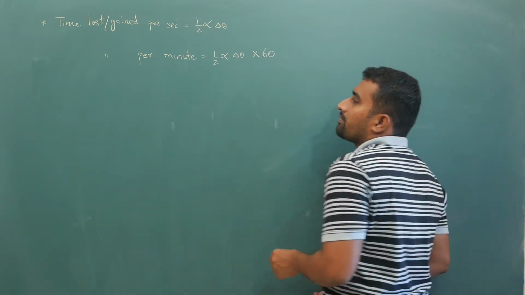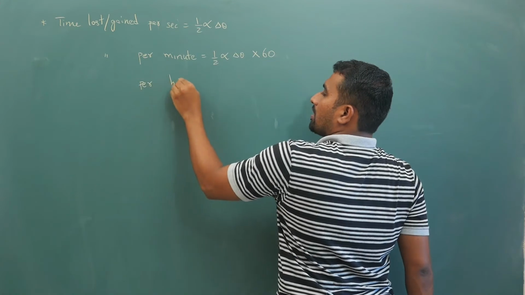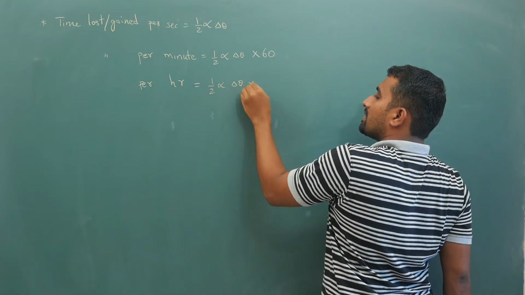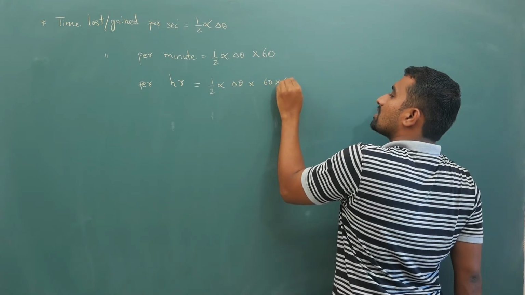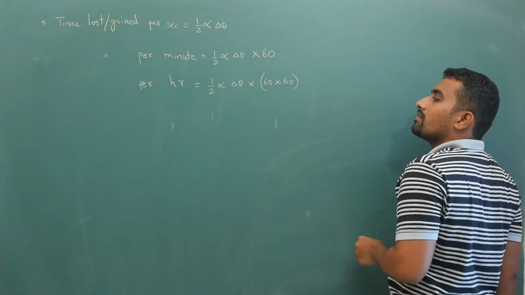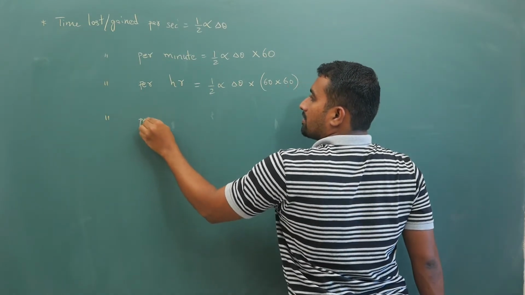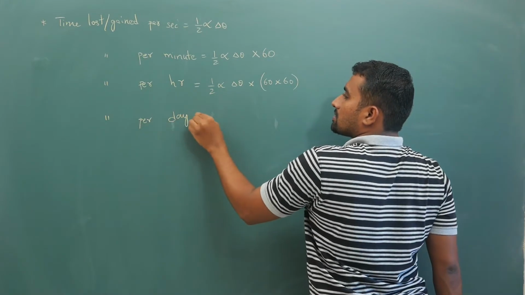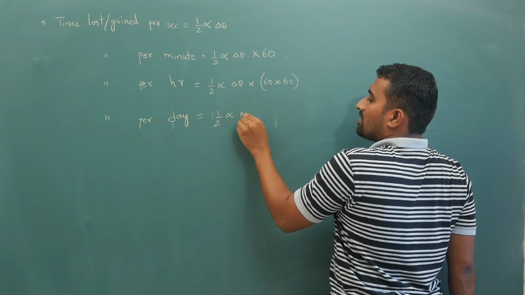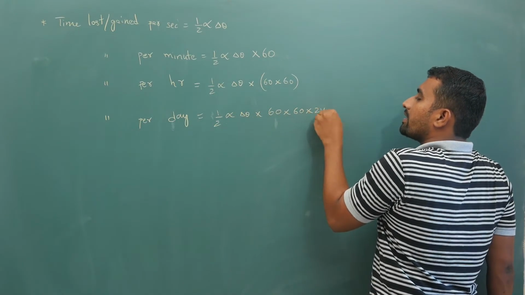Next, if it is per hour, 1 hour contains 60 minutes. So it is half alpha delta theta into 60 into 60. For a minute it is 60, and in 1 hour once again you have 60. Next, time lost or gained per day: a day contains 24 hours, so it is half alpha delta theta into 60 into 60 into 24.